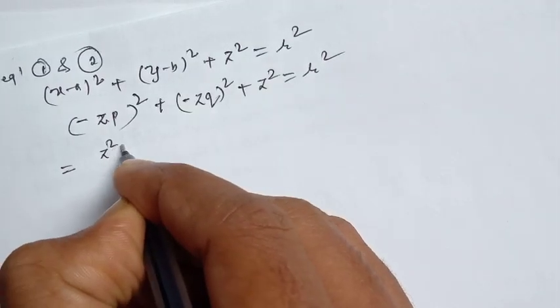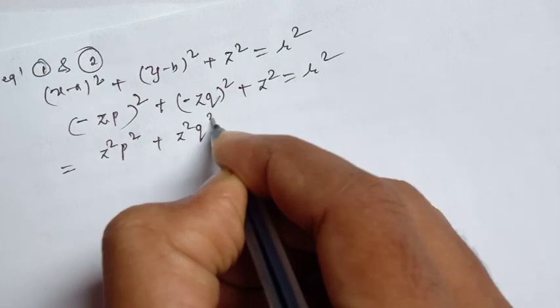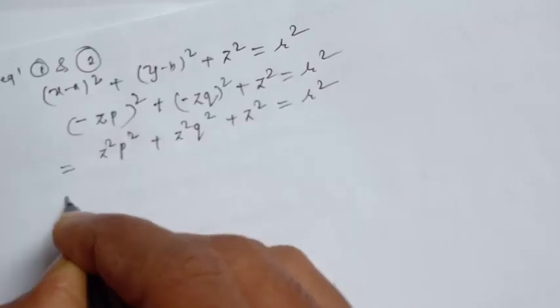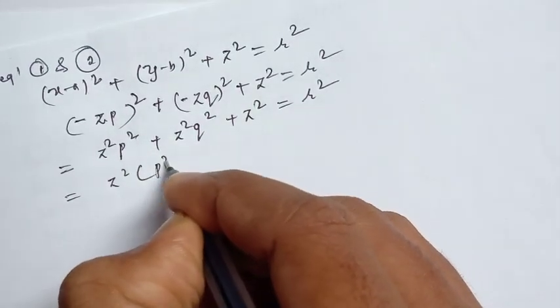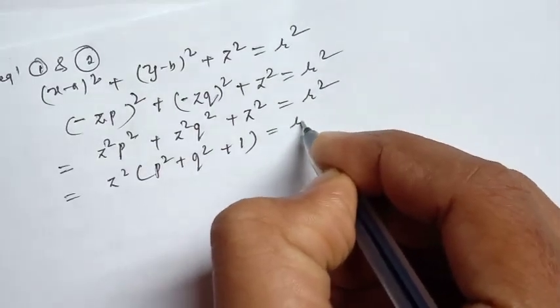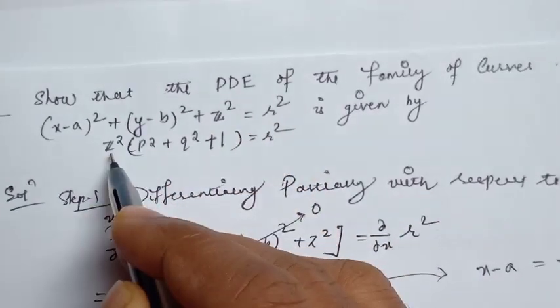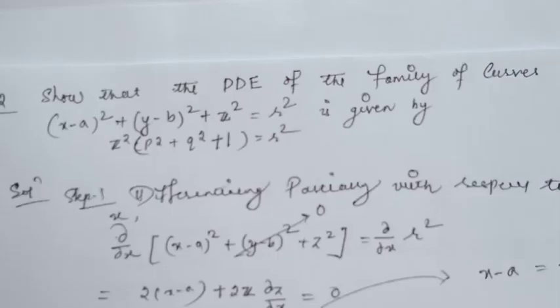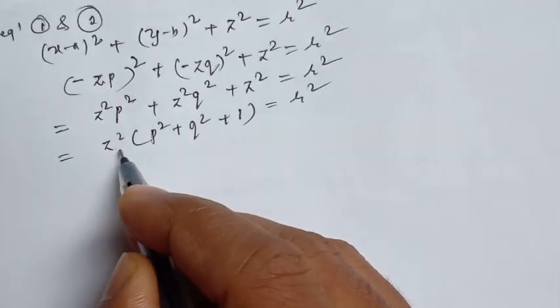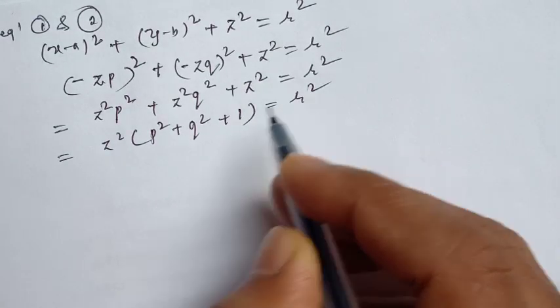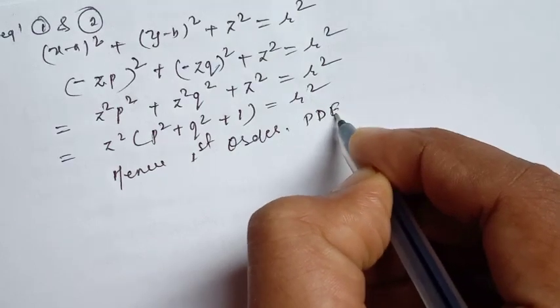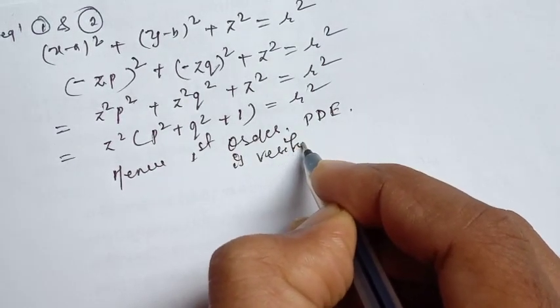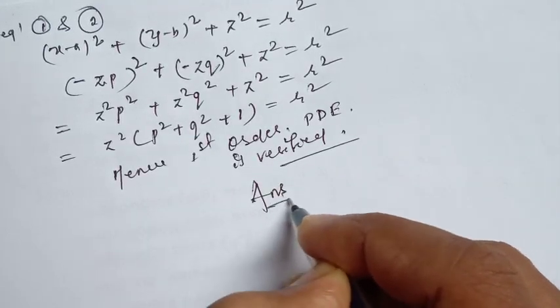So this will be z²p² + z²q² + z² = r². Taking z² common, z²(p² + q² + 1) = r². Students, in our question we have the same, z²(p² + q² + 1) = r², and here we got the same. Hence the first order partial differential equation is verified. Answer.